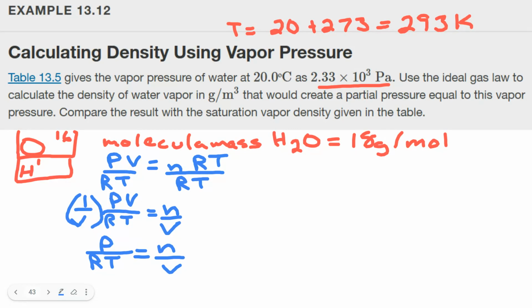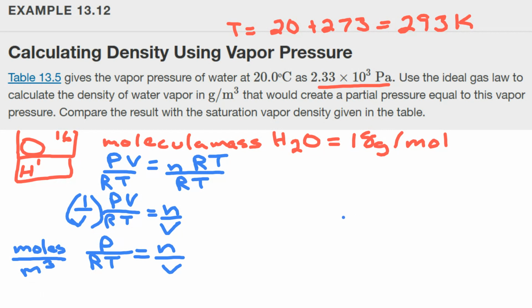So that gives me my moles per cubic meter. Let me write that down. My unit for this will be moles per meter cubed.